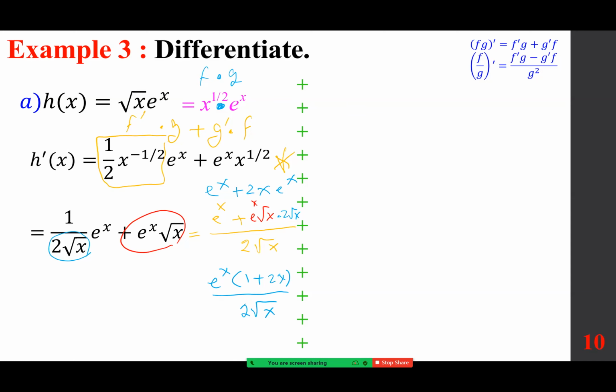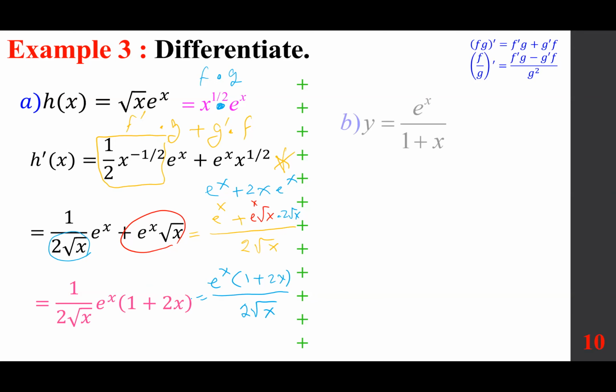And this will be my final answer, or this one. Makes no difference. Both of them mean the same thing. It's just important to see they both are equal. So differentiation using the product rule.